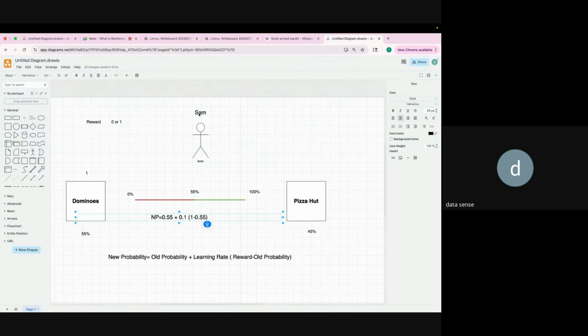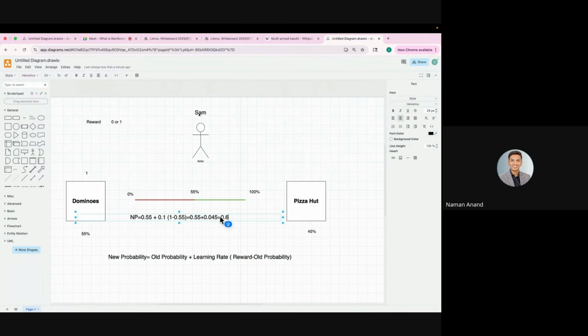So what will this become? 0.55 plus 0.045, that is 0.45 times 0.1. So what does it become? 0.595. Can I say it's 0.6?